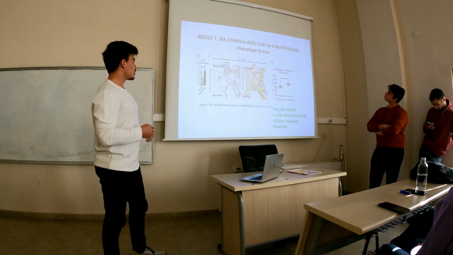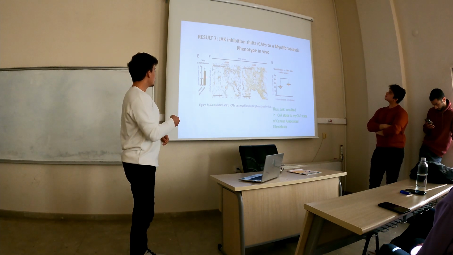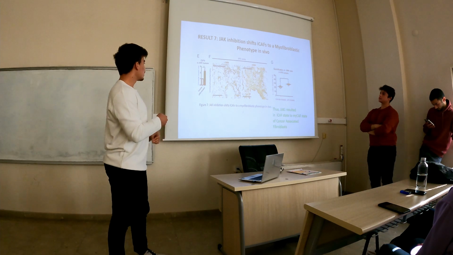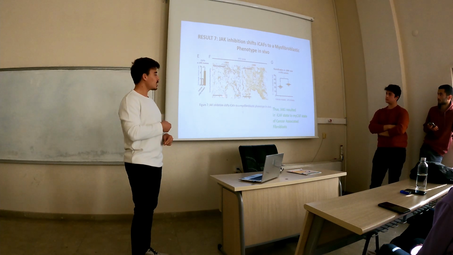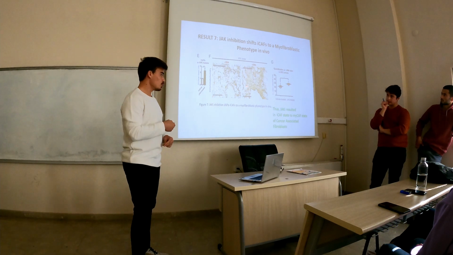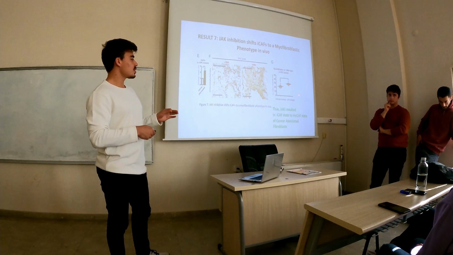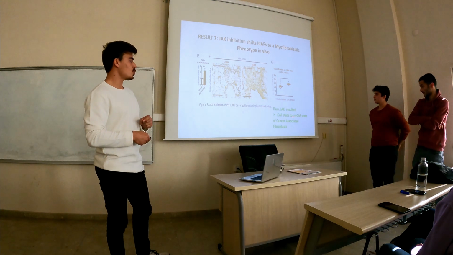Also immunohistochemistry results were shown, and here we can see that the KPC tumors are increased when JAK inhibitors are used. Thus we know that JAK inhibition shifts the ICAF state to the MICAF state of cancer-associated fibroblasts.